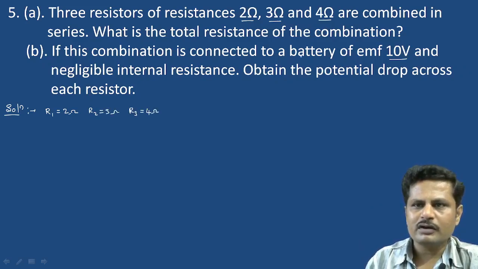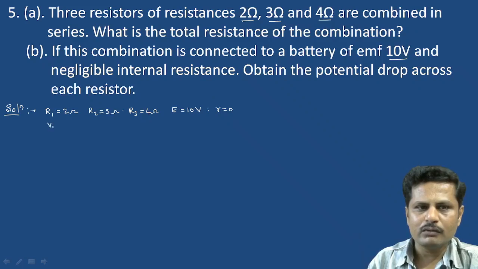If this combination is connected to a battery, the EMF of the battery is equal to 10 volt and negligible internal resistance, that is small r equals 0. And we need to find out the potential drop across each resistor, that is V1, as well as V2 and V3.